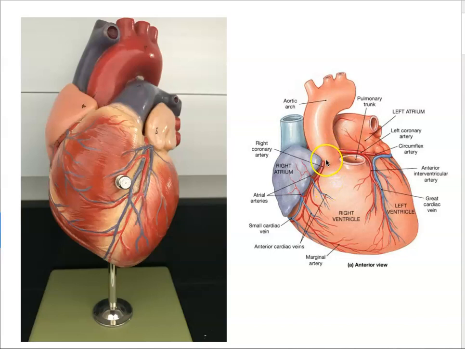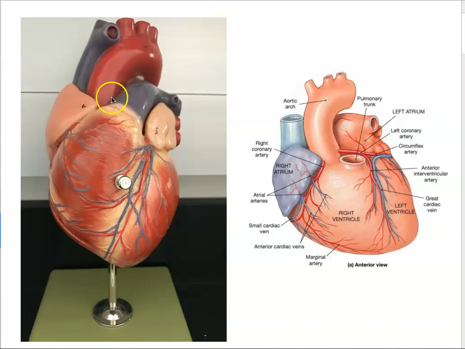Now these coronary arteries, the right and left coronary arteries, here is the aorta. Here is the aorta here. So remember, the aorta is leaving what ventricle? The left ventricle. So the aorta is taking oxygenated blood and distributing it to your entire body.